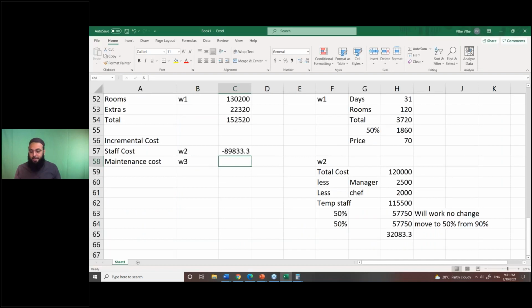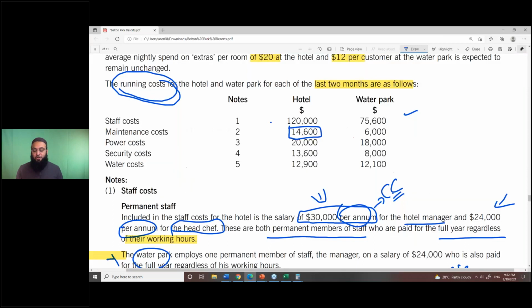So in this case, I would say 14,600 minus 4,000 is 10,600. The 4,000 is what I will be paying in any case, whether I continue or not. I want to show this in negative terms. So that's 10,600 relevant. Getting the point? If the question requires you to explain, then you have to mention that 10,600 is additional, because I'm paying 14,600 right now, and I continue to pay 4,000 if I close.